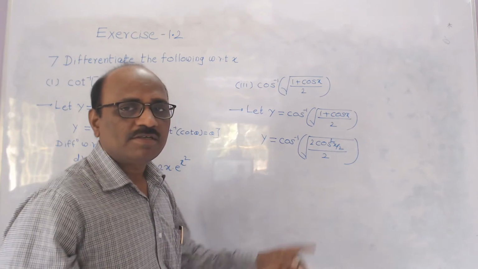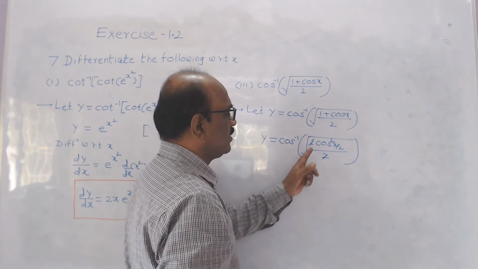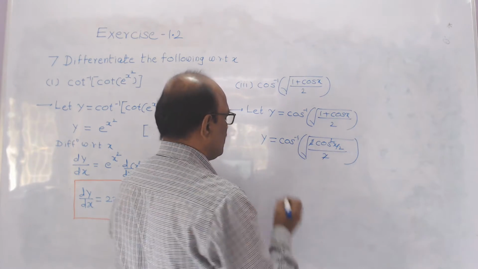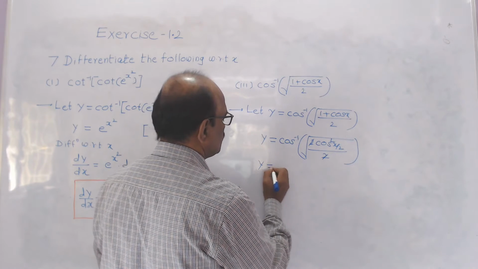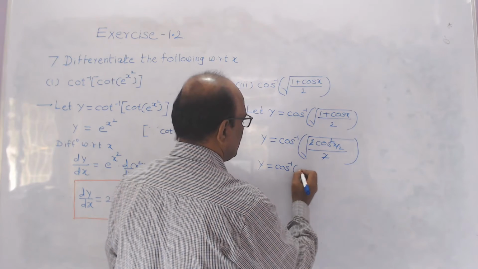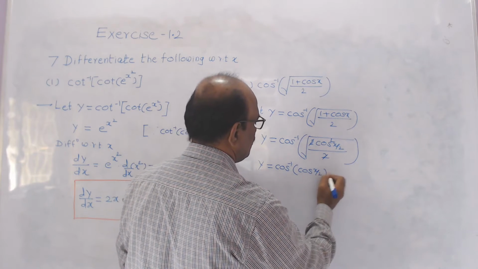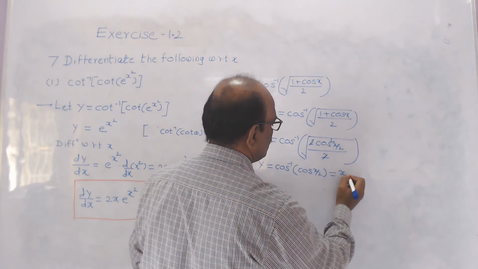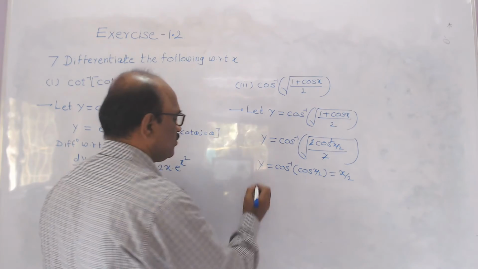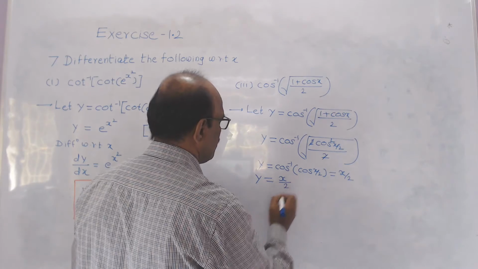And now this 2 gets cancelled, and you will get root of cos square x by 2, meaning you will get cos of x by 2. Therefore y is equal to cos inverse of in bracket cos of x upon 2, and that is equal to x upon 2. Here y is equal to x upon 2.